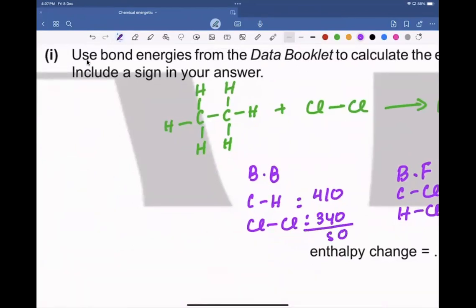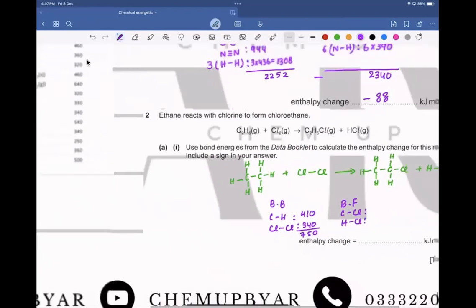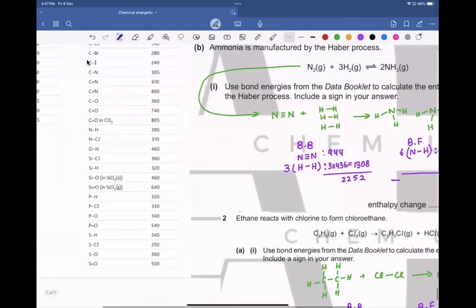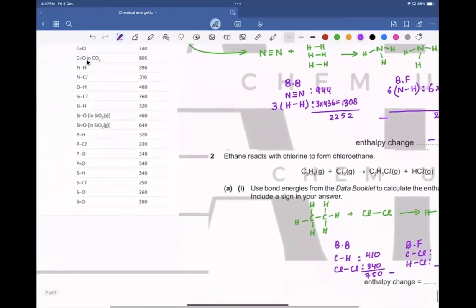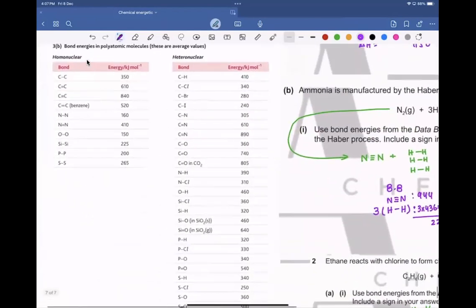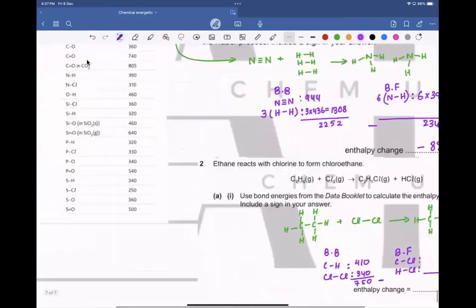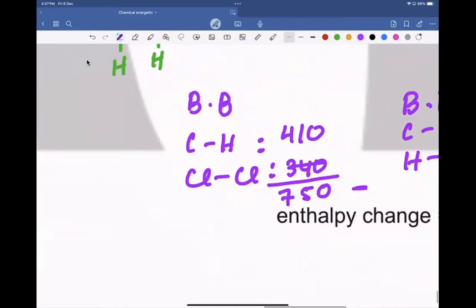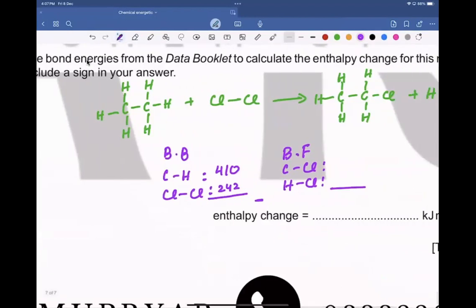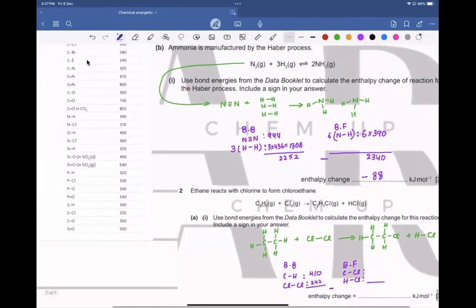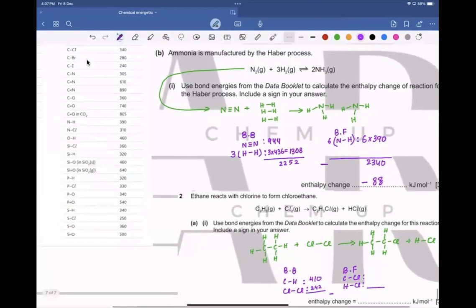So it is going to be 750 minus... no, sorry, it's the chlorine chlorine bond. Sir, chlorine is 242. Yeah, 242, sorry. Carbon chlorine is 340.